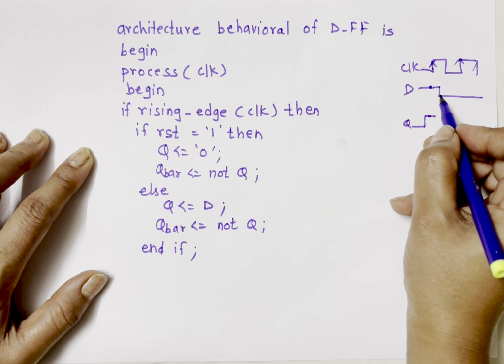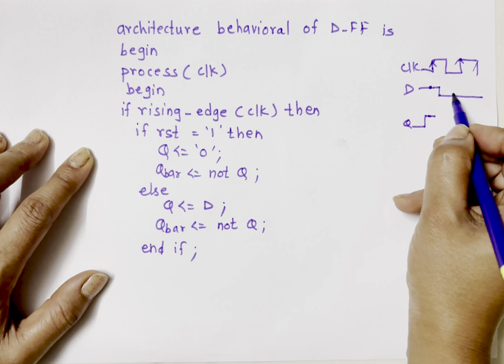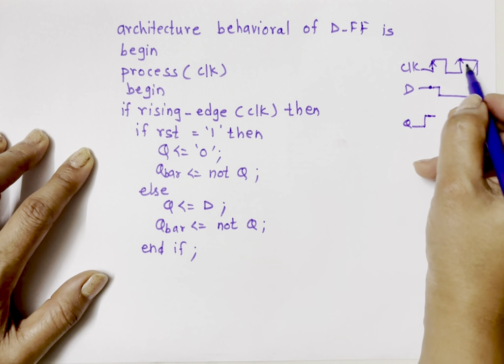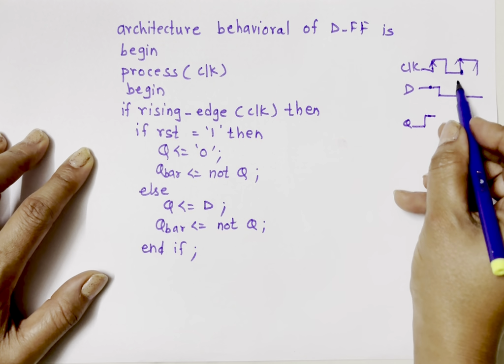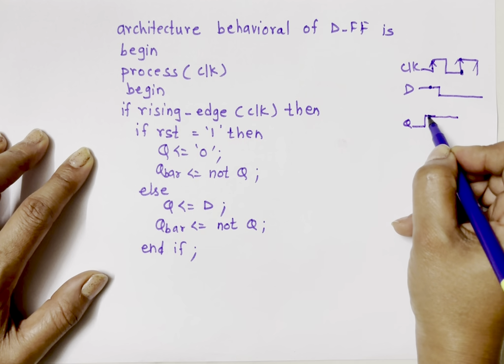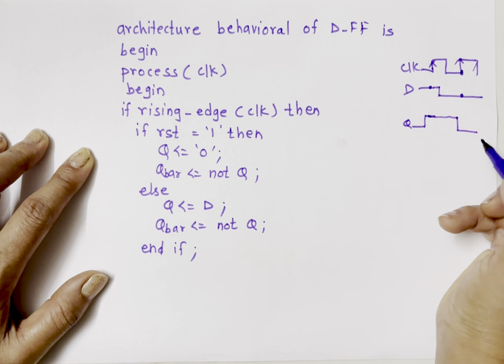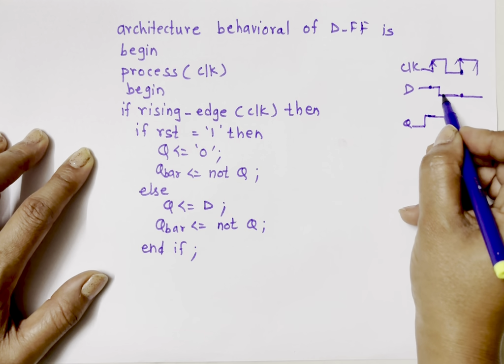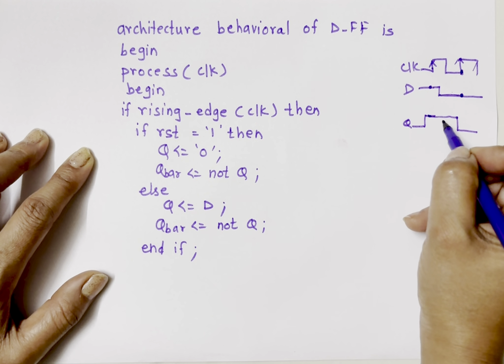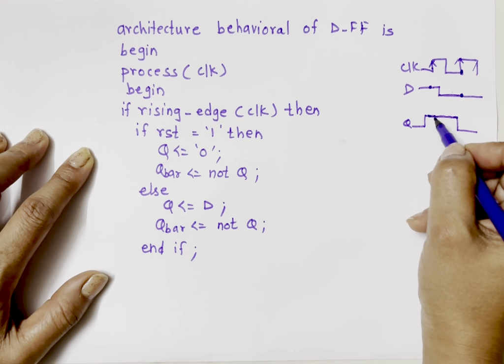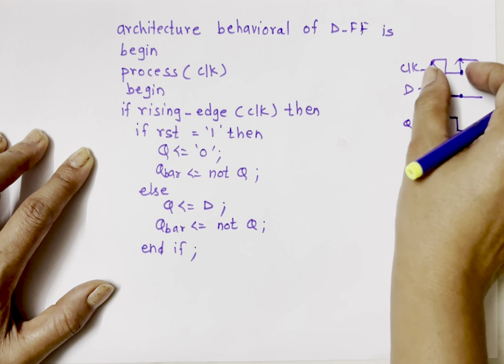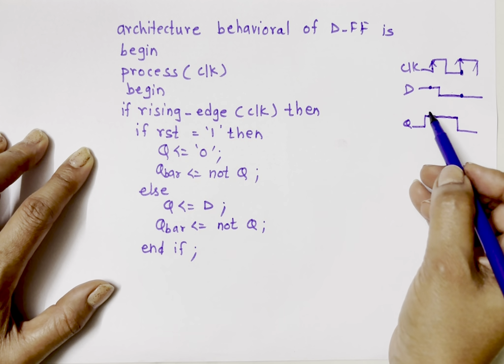But here, even if my data becomes 0, my output will not change because it will wait for the next edge. So up to the next edge, it will hold this 1. And here it will check data is 0, so output will become 0. So see, for this duration, data input is 0, but my output is holding the previous value. So in between two clock edges, it will hold the previous value of Q.